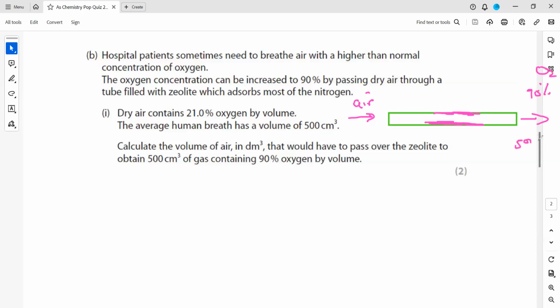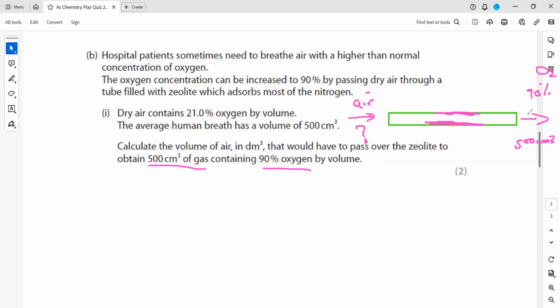Why did we not say air here? Because air has a specific composition, but this gas does not. 500 cm3 of a gas which contains 90% oxygen is coming out, and we want to find the volume of the air which enters.